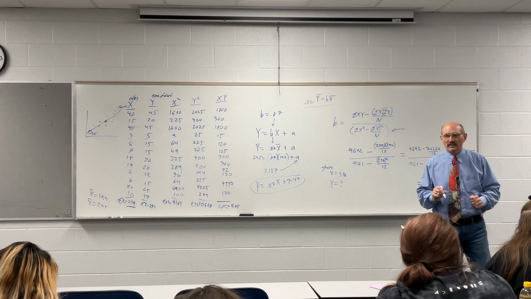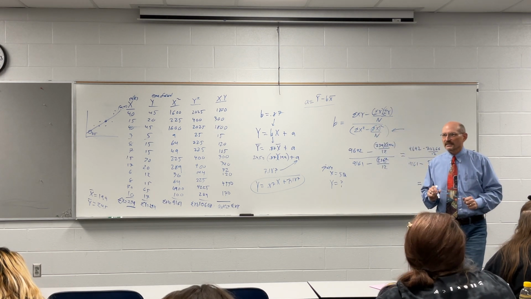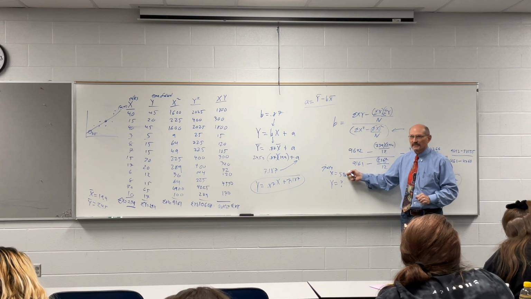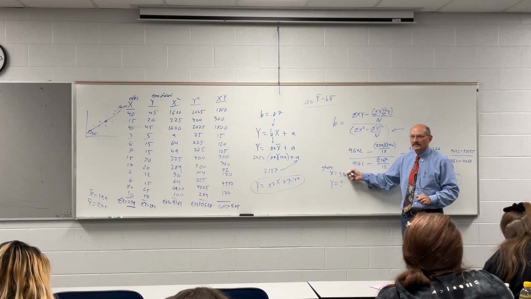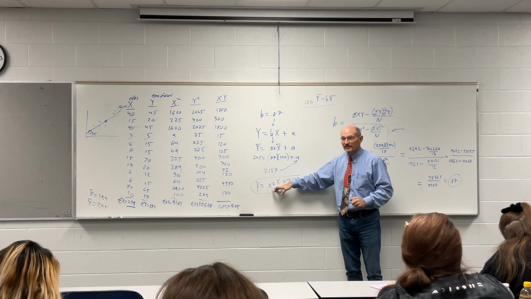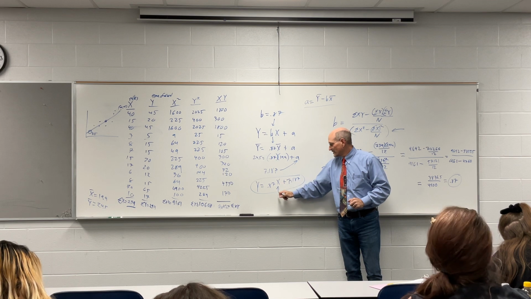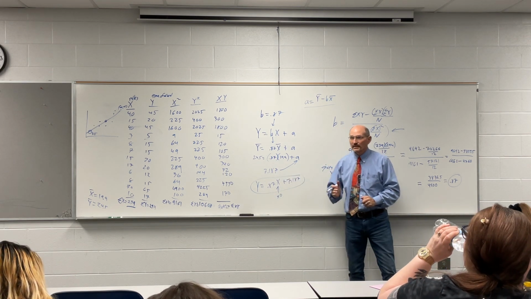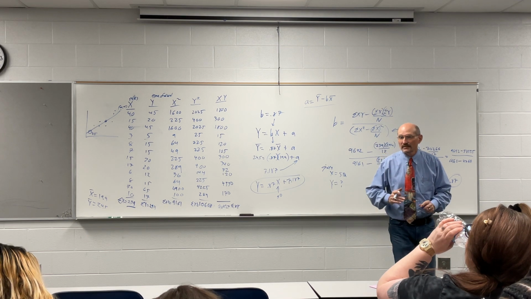How do you get that? Caitlin, how would you get y here? You know x is equal to 50. You've got this equation here, right? If I plug in the 50, solve for y.